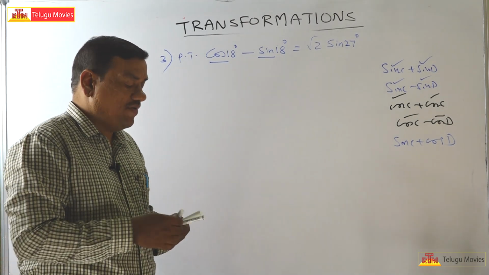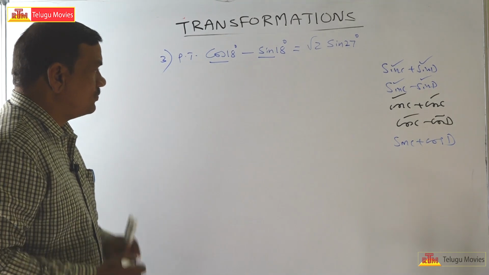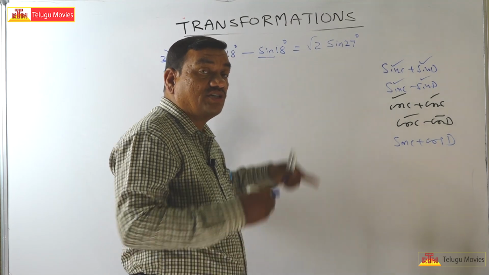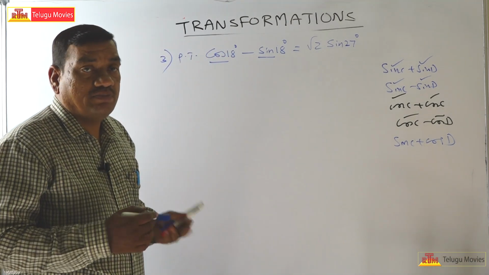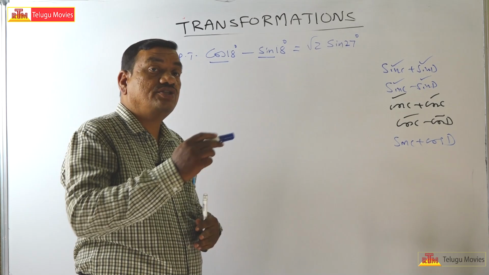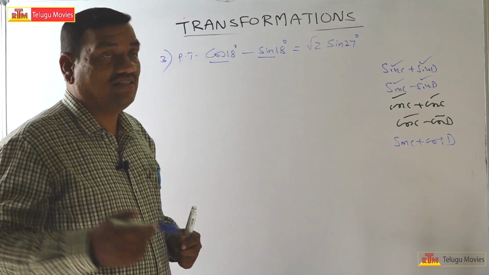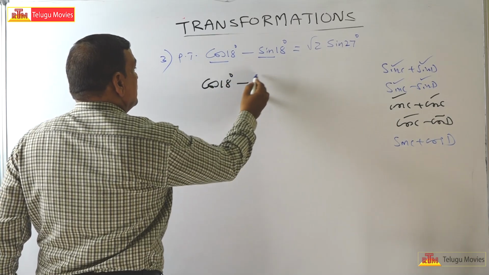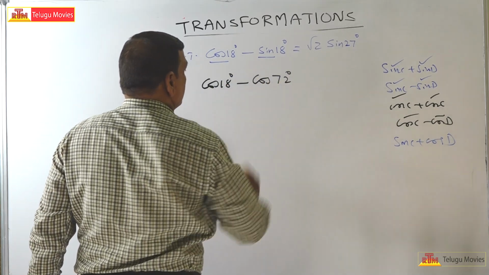So, I will proceed like this. Since I have to get sine here, if I convert this sine function into cos function, it is better. Why? Because cos C minus cos D is equal to 2 sin (C plus D) by 2 sin (C minus D) by 2. So, this cos 18, I will write as cos 72 degrees.